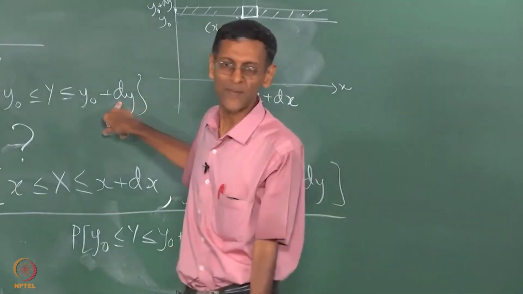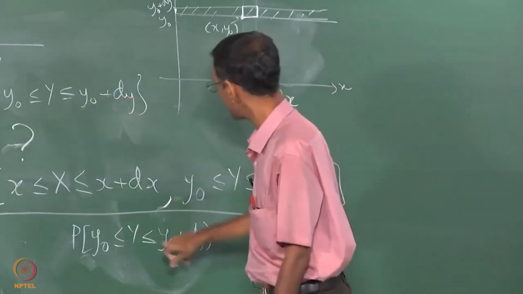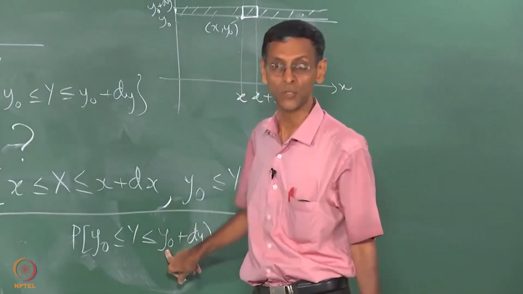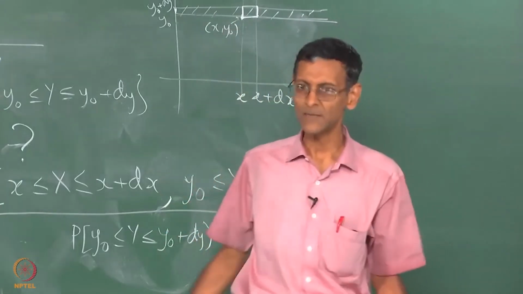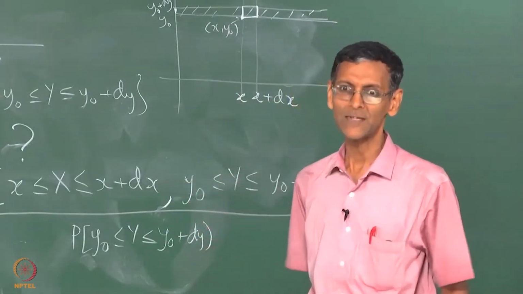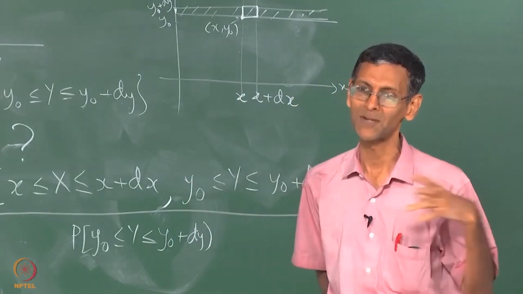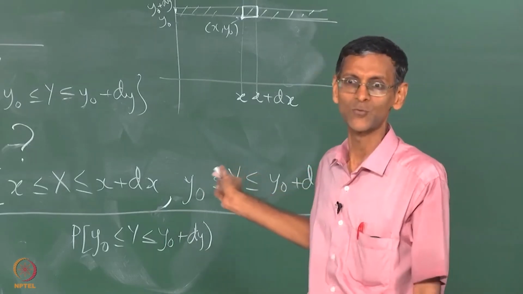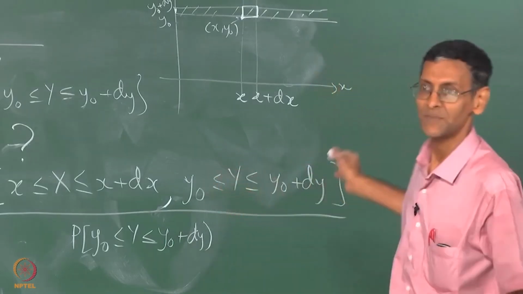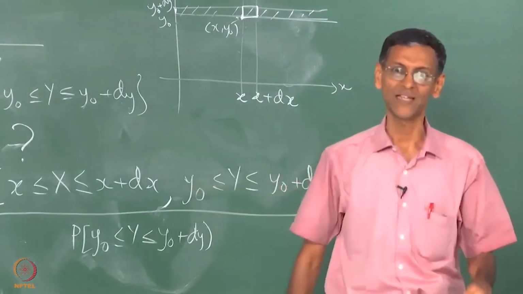This dy also we are going to make arbitrarily small eventually. We are keeping it finite just so that we do not divide exactly by 0, but once we cancel off the dx's and dy's, it does not matter, right. That is how we did differential calculus. Very first time you saw it, you may have wondered what the hell was going on, but now I hope you have seen it enough number of times, so you don't find it too wacky. But basically it is going back to the nuts and bolts of differential calculus.